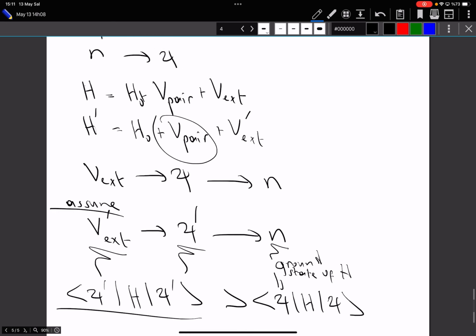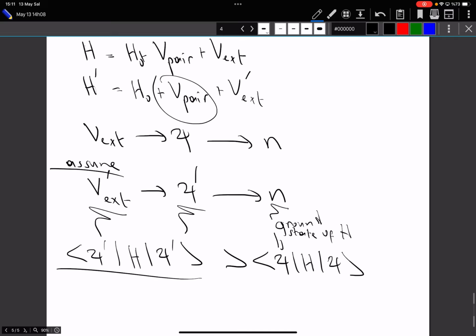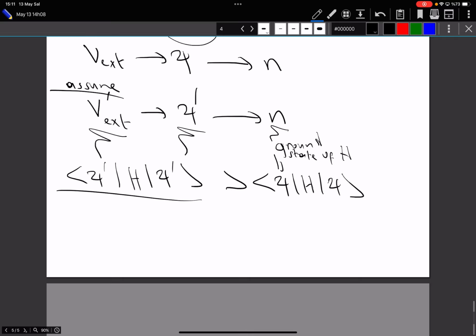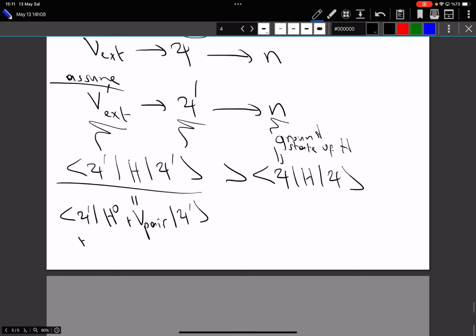But remember, this is equal to, let's say, psi prime, H0 plus V pair, psi prime, plus psi prime, V external, psi prime.